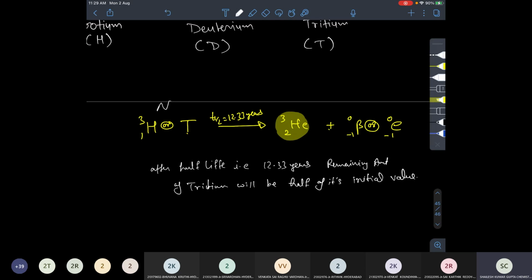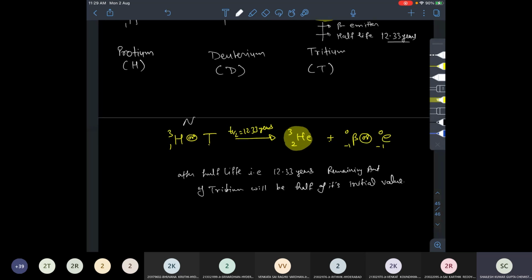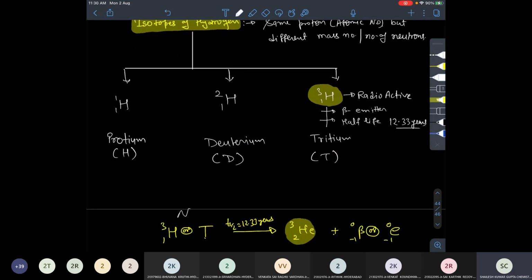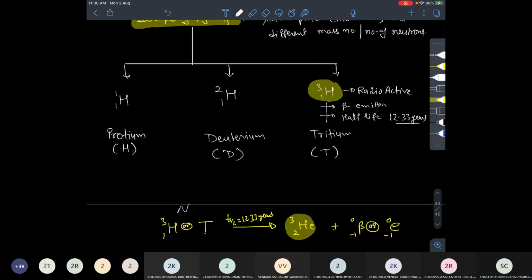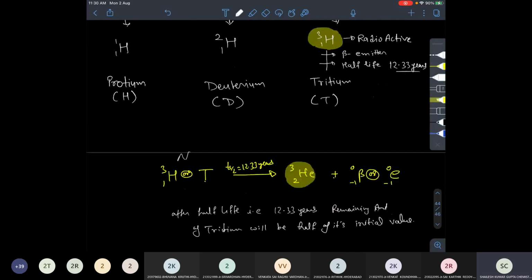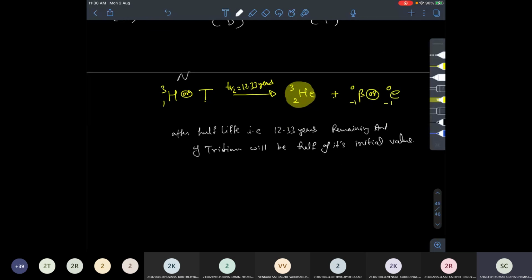That is known as radio level dating. You can use this tritium sample to check the age of something which died or originated within decades, not a very long time like 5,000 or 10,000 years. For that, we have other samples. Carbon dating is one of them, and uranium dating is another for rocks.